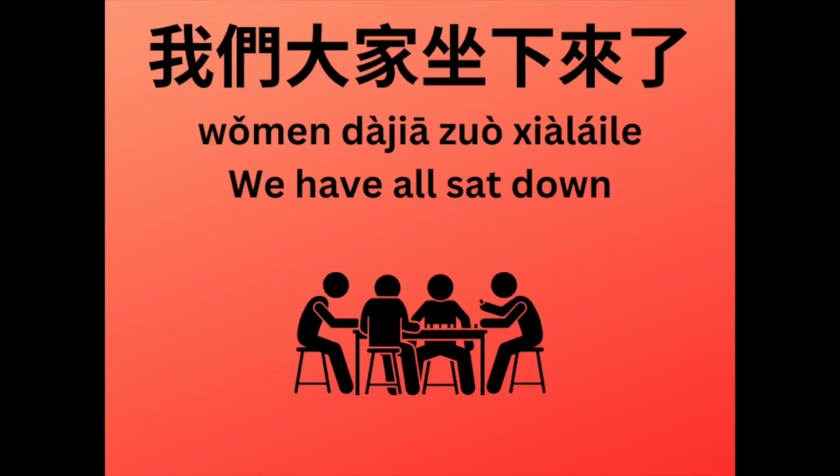It also is the action of going from one place and then down. So 下来 means to go down as well. So 坐下来 means to sit down. 我们大家坐下来了. We have all sat down. 我们大家坐下来了. We are sitting and waiting for the teacher to speak or the movie to start.